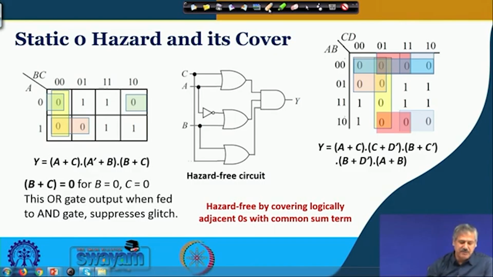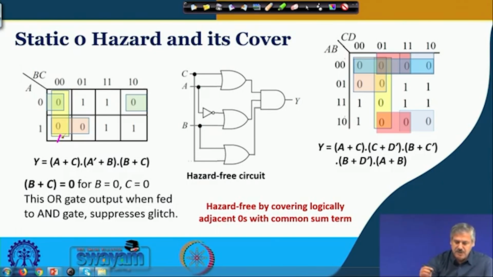In this particular example, these two zeros we are covering by a common sum term. So, this is the example with which we actually started.